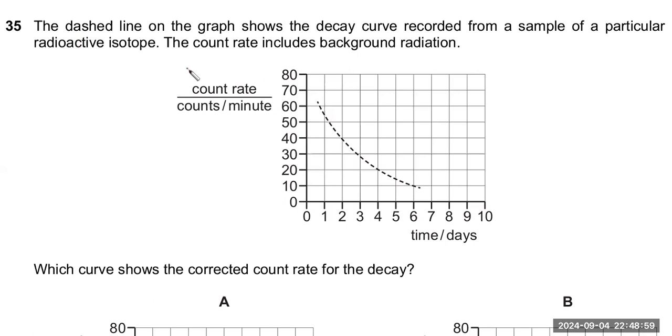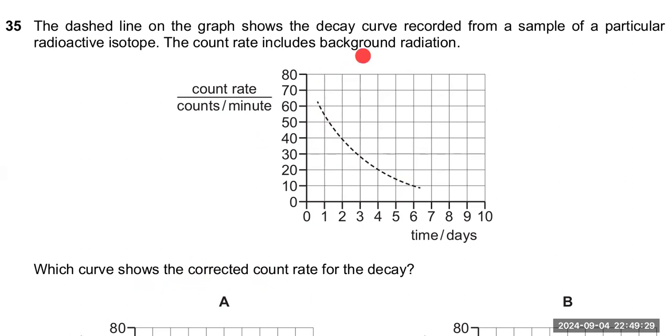If you're performing it in another place, it can vary from place to place. Okay, so this graph is taken in a lab, obviously, and it also includes the background radiation. The question is, you must select the correct count rate. It means you have to remove the background radiation count, and then see what the reading will be.